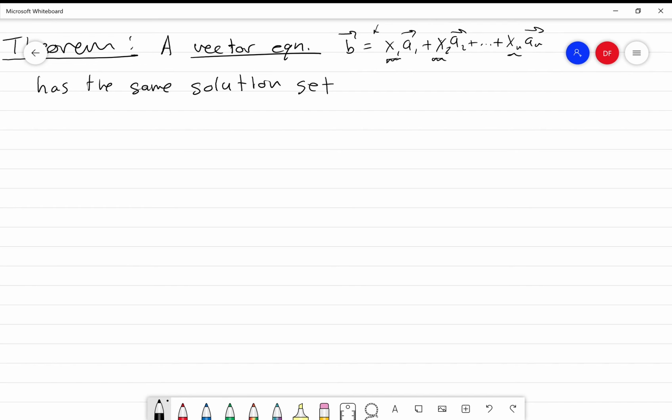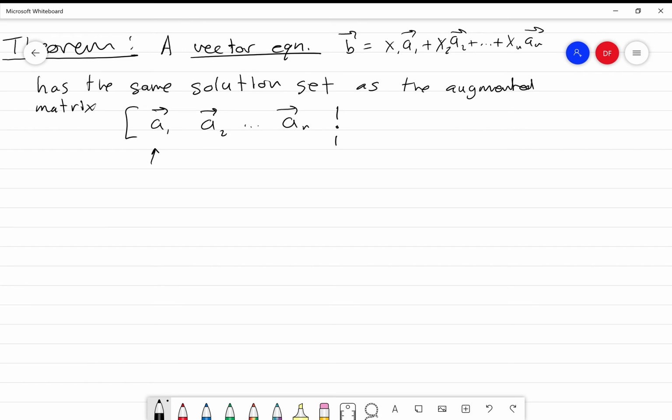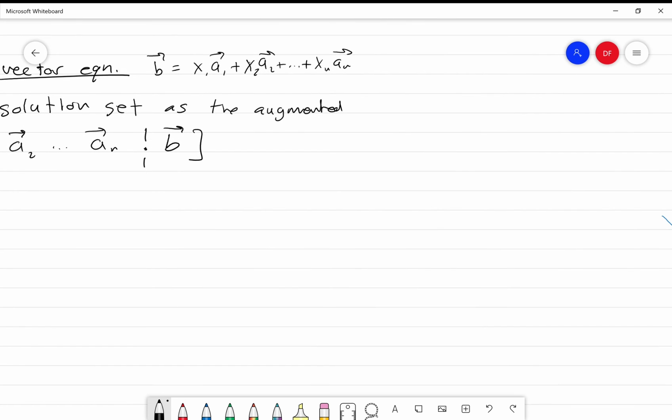Okay? So this vector equation here has the same solution set as the augmented matrix where you make the columns of the matrix the vectors of your vector equation. So a1, a2, dot, dot, dot, an, and then the augmented part is b. Okay, and we already saw that here.